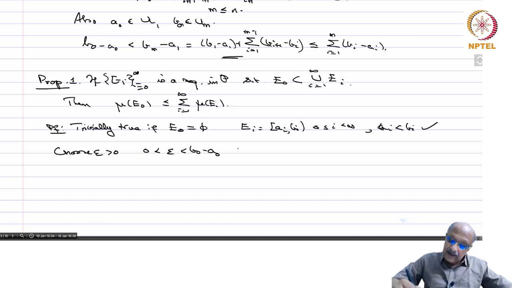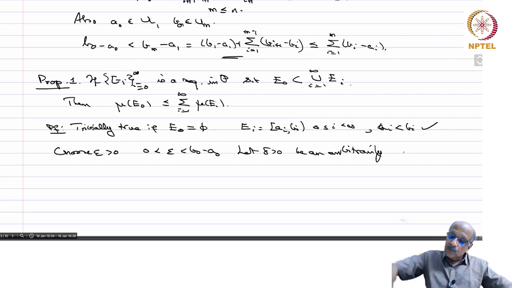And then let delta be an arbitrarily small positive quantity.